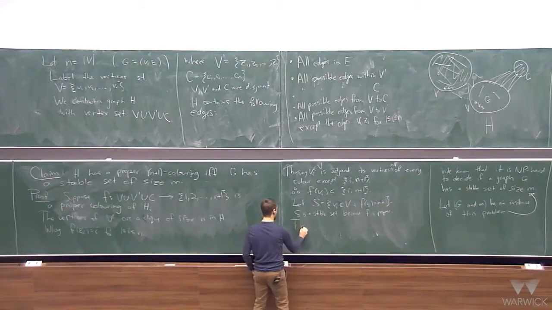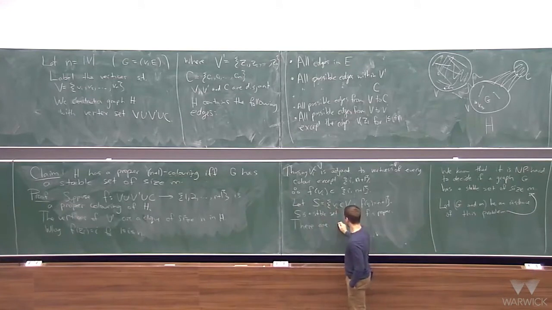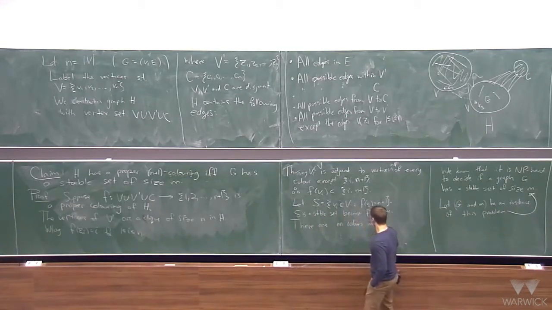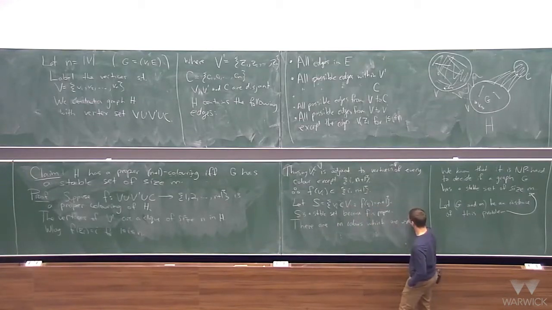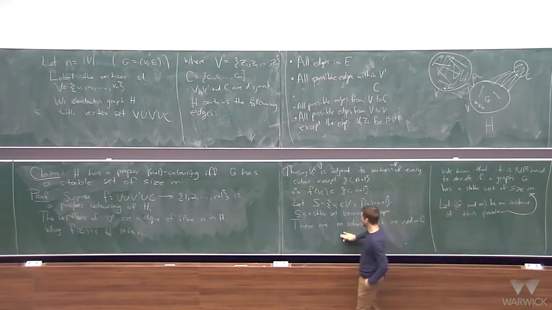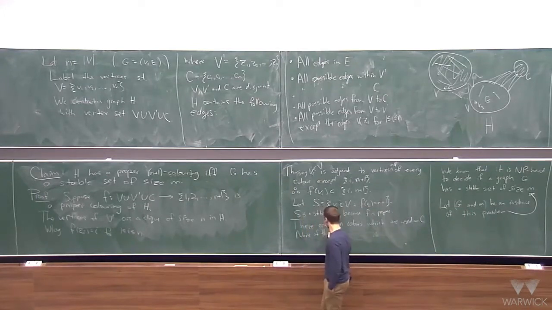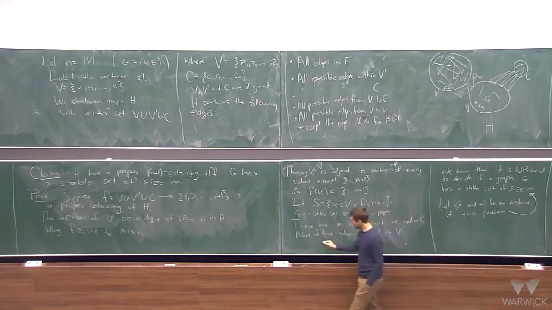So there are M colors which are used on C. And this is again because C is a clique, so all the vertices get different colors, and none of those colors can be used on V. Because if you look at the construction again, everybody in V has an edge going to everybody in C. So if any color gets used on C, then it can't appear anywhere on V, because then you'd have an edge that gets the same color on both ends. Okay.